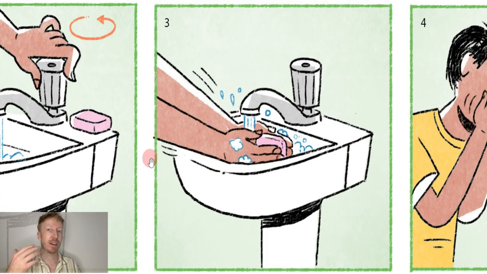And then he washes his hands. See, he uses the pink soap to wash his hands, and he uses the water that comes from the tap to wash his hands with the soap in the sink.